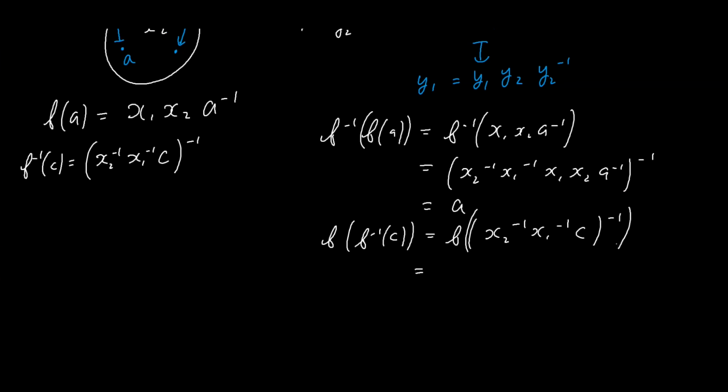And so b of that will be x1 times x2 times whatever is inside here, the inverse of that. But the inverse of the inverse is the same thing back, so it's just this. And opening up brackets, of course, they cancel and the x1s cancel, so we get back c.